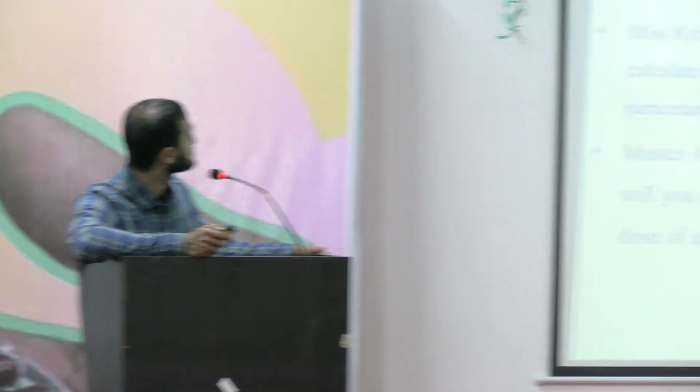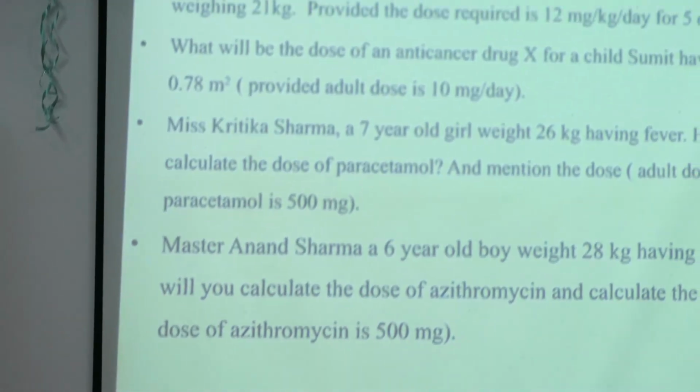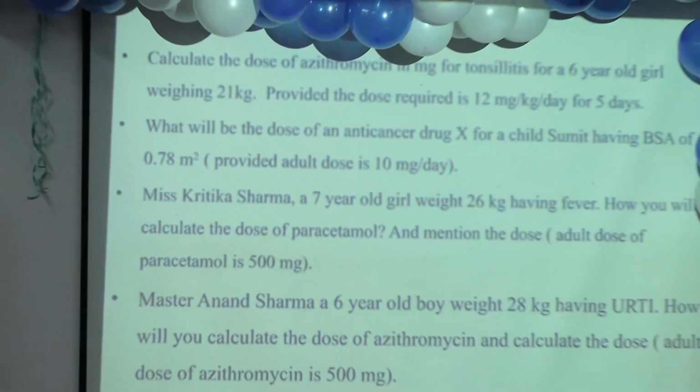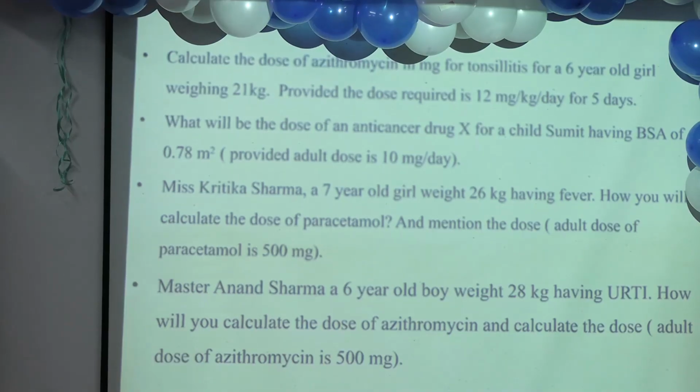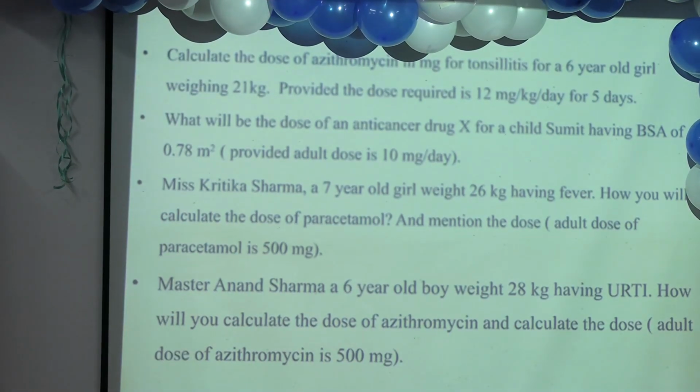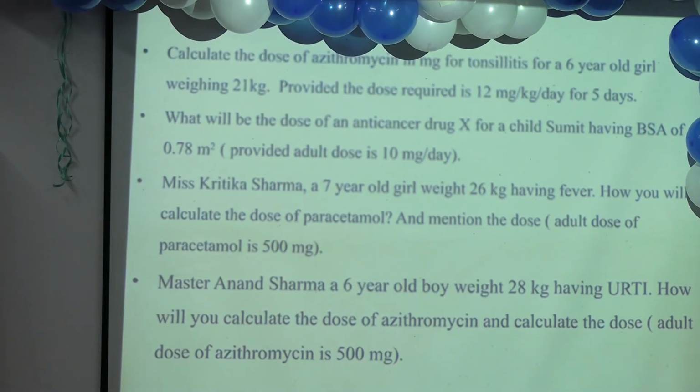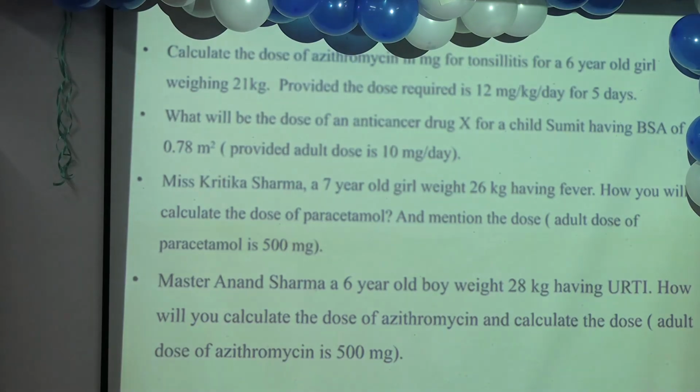So the next one is, what will be the dose of the anti-cancer drug X for a child Sumit having BSA body surface area is 0.78 meter square. The adult dose is 10 milligram per day. You have to just put in the formula, nothing else. No need to do any modification. Just put the values in the formula, you will get the answer. Which one?